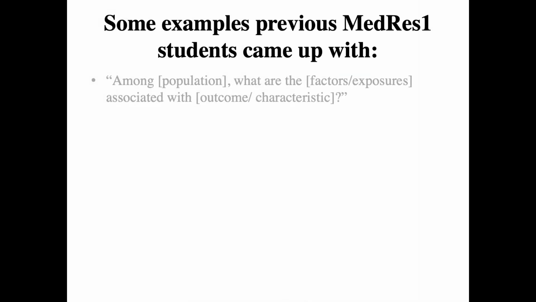Now I'm going to give a few examples that previous MEDRES 1 students came up with using the format that I gave a couple of slides back pertaining to associations between variables. I actually included the format here in gray color, as you can see.